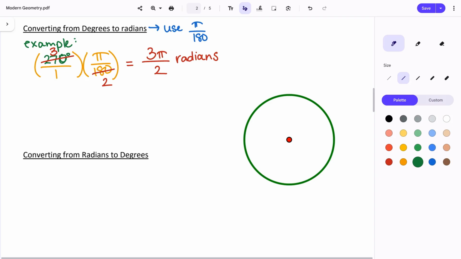Okay, let me give you another example. So this next one, let's start with 120 degrees.